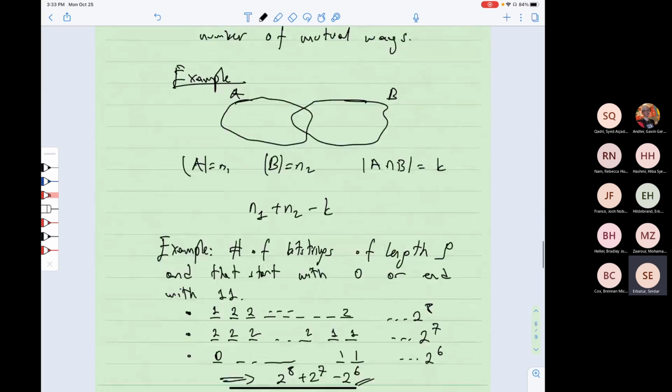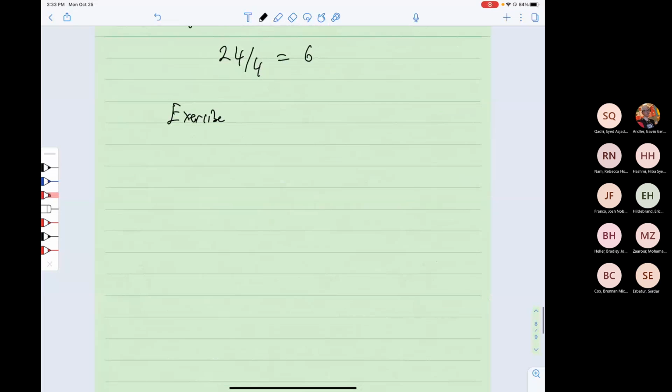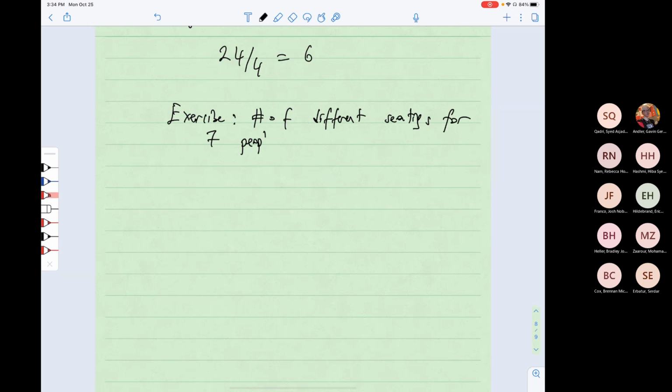So can you just compute this for, let's say, the number of different seatings for 7 people.